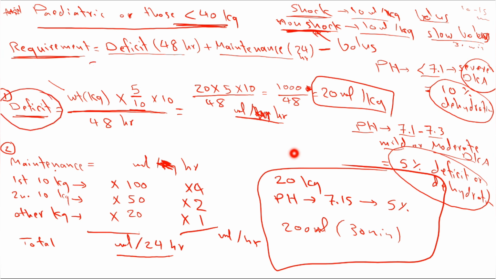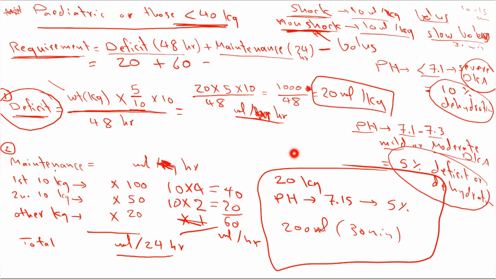So you write down here, you have calculated the deficit as 20, plus the maintenance is like that: for 20 kg, the first 10 kg multiplied by 4, and the second 10 kg multiplied by 2. The patient is 20 kg, so it equals 40 plus 20 equals 60.